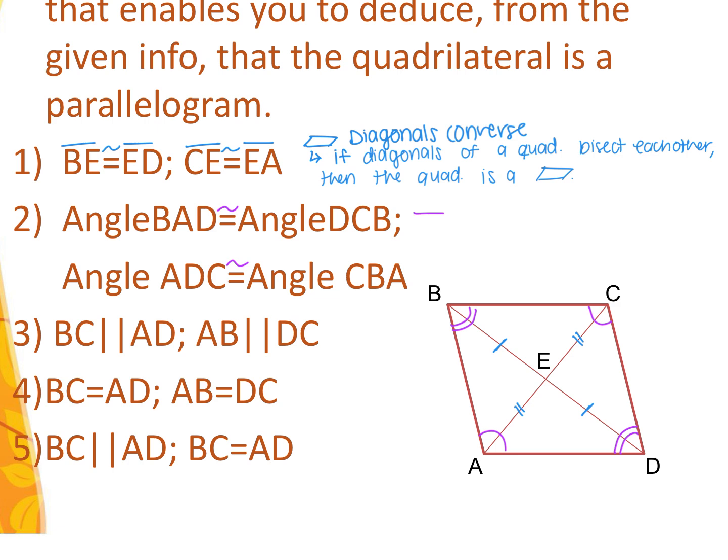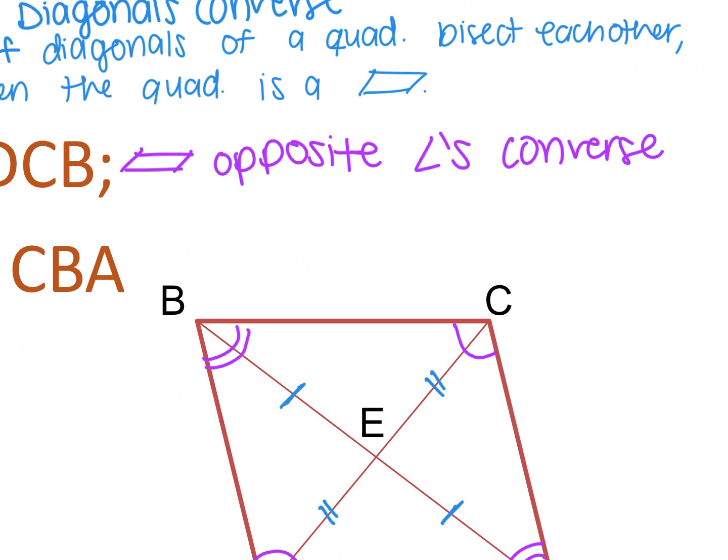So I'm going to write it as parallelogram, opposite angles, converse. You're telling me that my opposite angles are congruent. So writing out this definition, what does this mean?